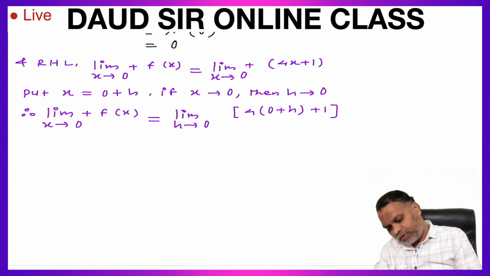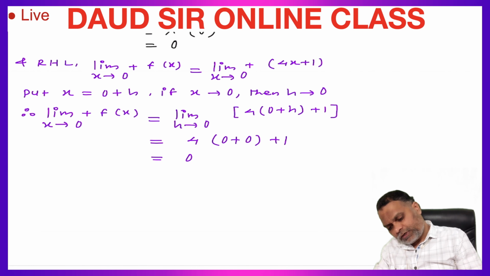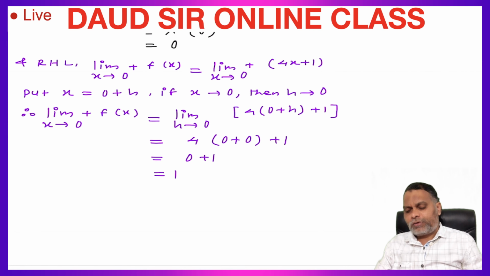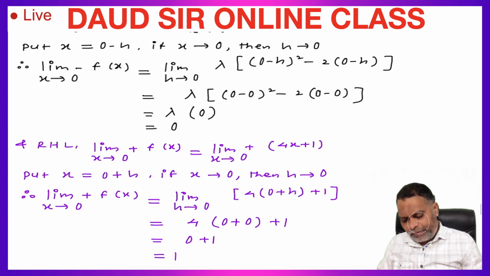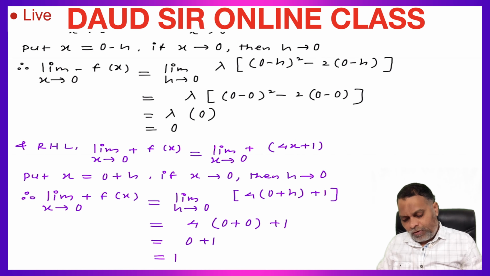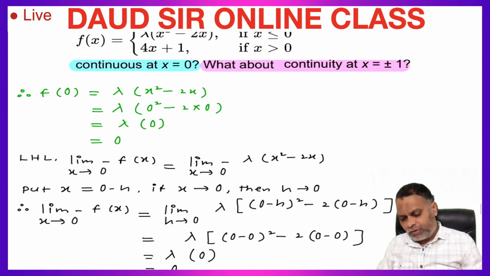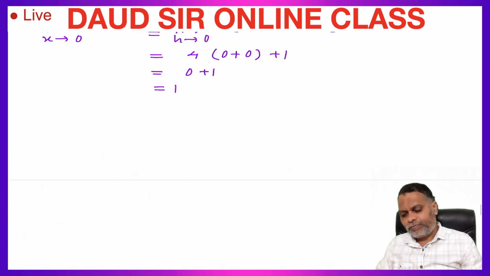Put h is equal to 0: 4 into 0 plus 1, which is equal to 1. So clearly the right hand limit is 1, the left hand limit is 0, and the value of function is 0.